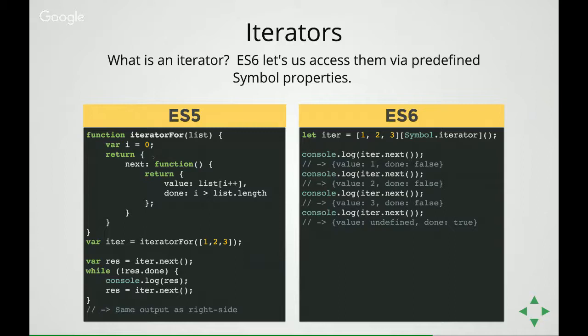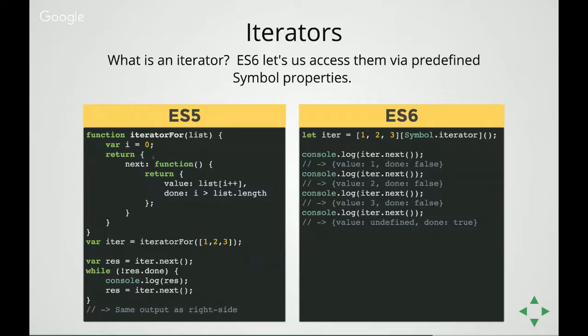Because an iterator just has to have a next method, and that next method should return an object on each call that has a value property and a done property. So once we loop through 1, 2, and 3, the last output we get is actually value undefined, done true. That's how looping constructs that use iterators know when to stop. So I'm just going to run right through this until it says done, and then I'll stop. That's what our iterator does.